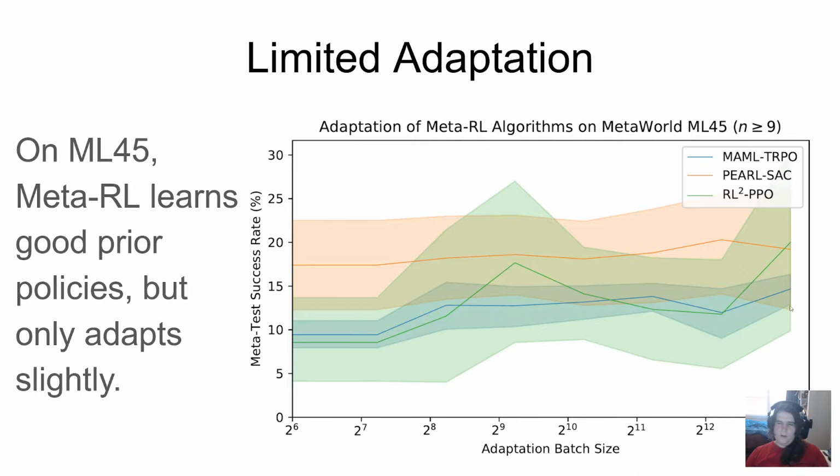And nowhere in this range is there significant evidence of adaptation. Fortunately, I believe that this has been largely resolved in MetaWorld v2, and we do see some amount of improvement there, although I don't have any graphs to show that.